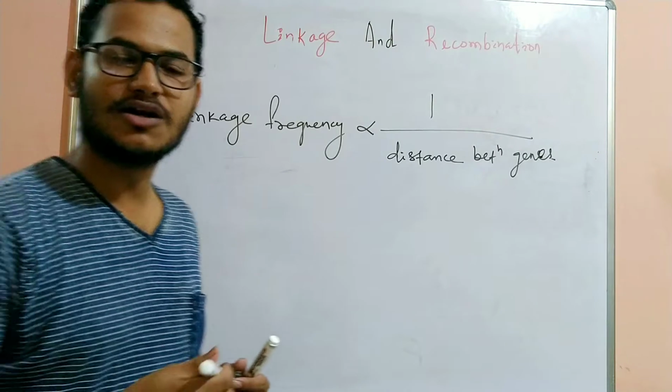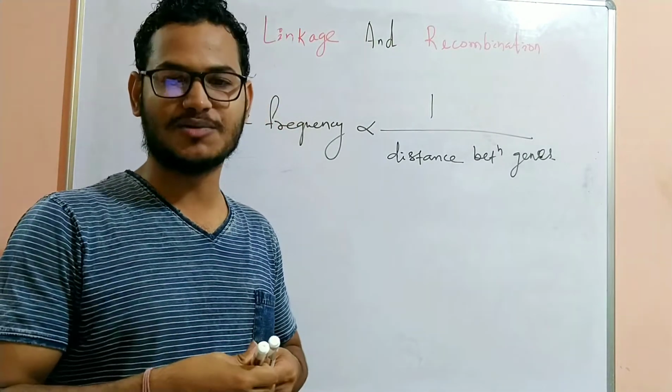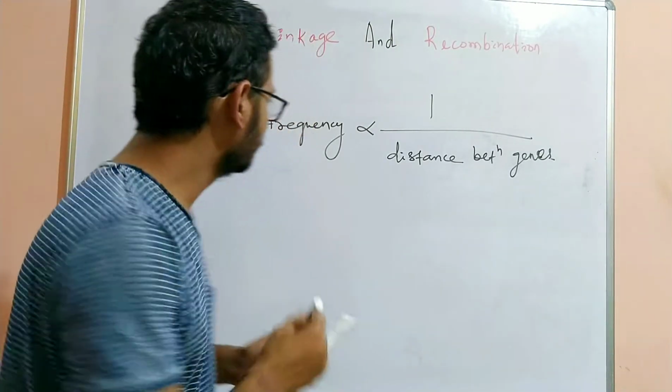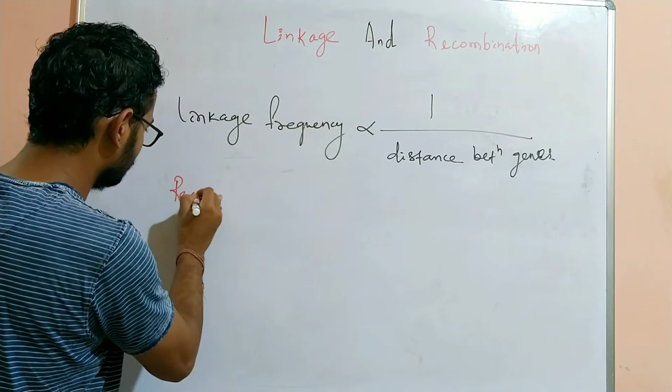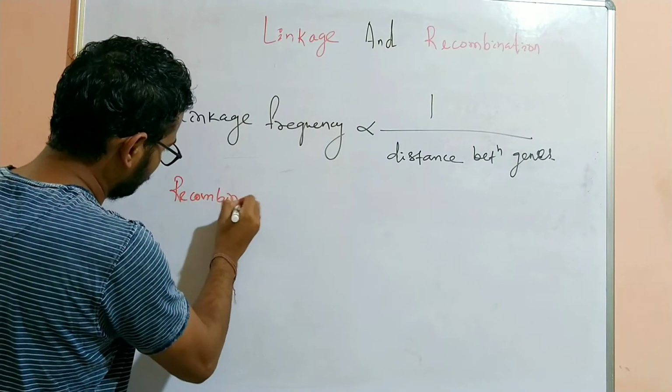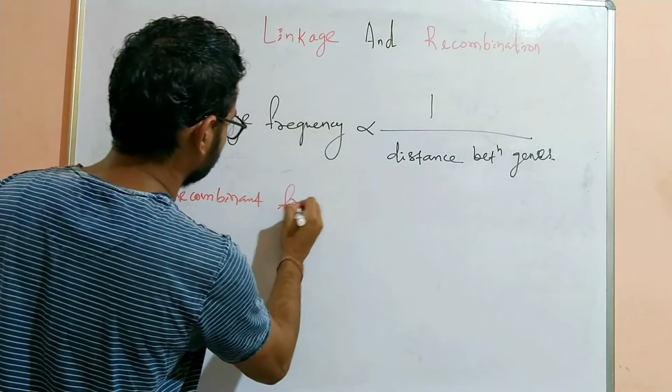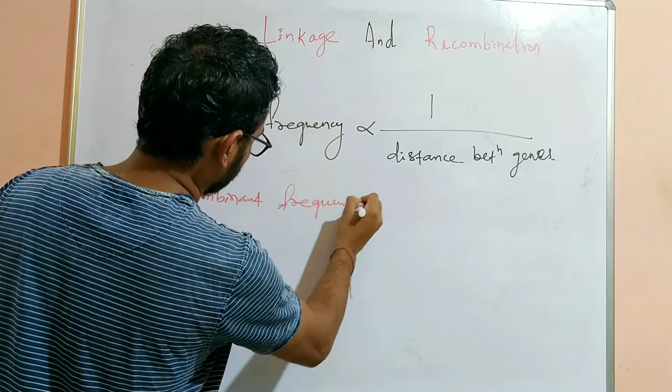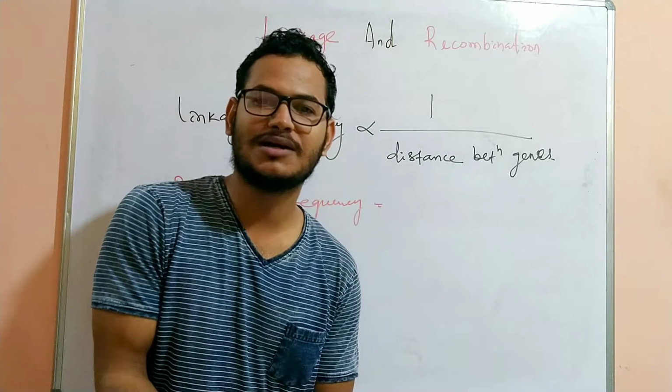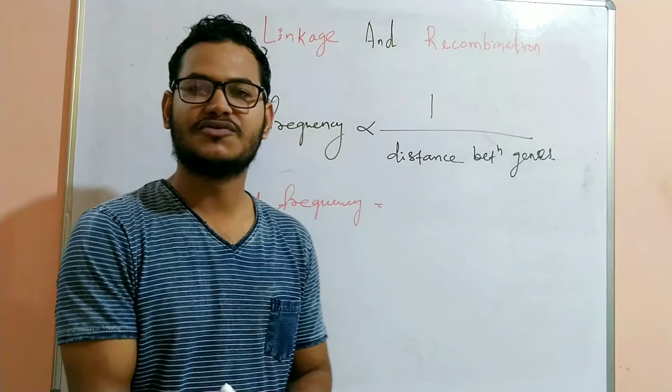And we can also write down the recombinant frequency. How to calculate the recombinant frequency?